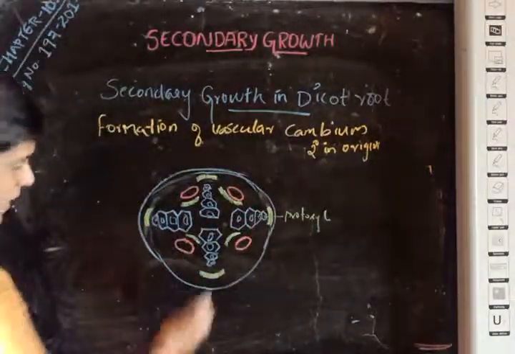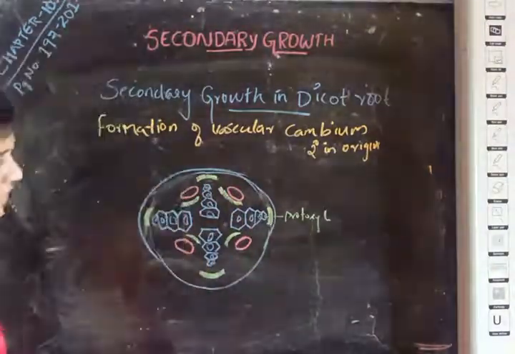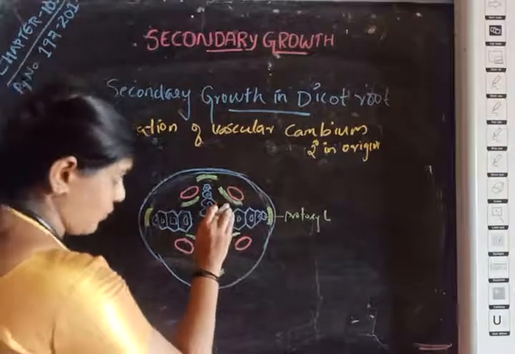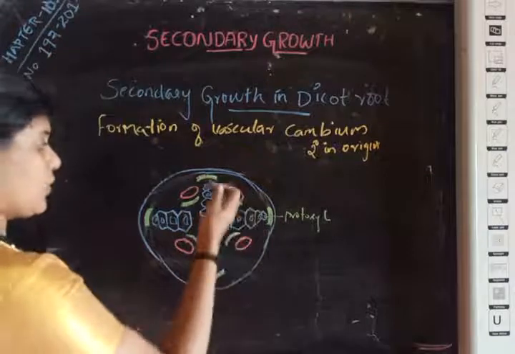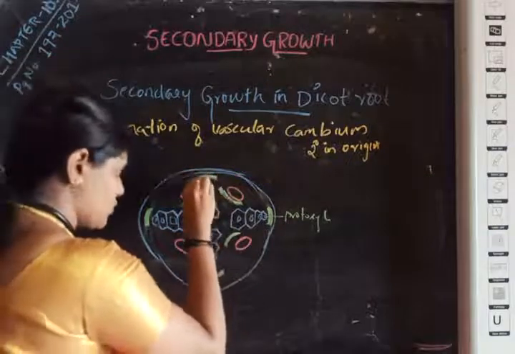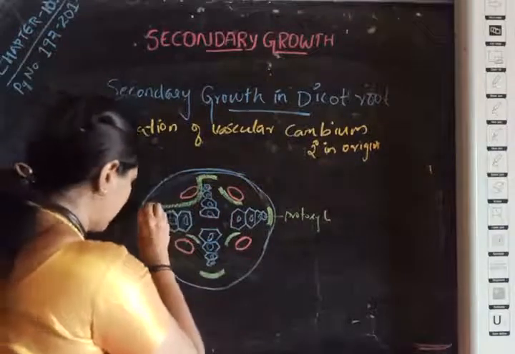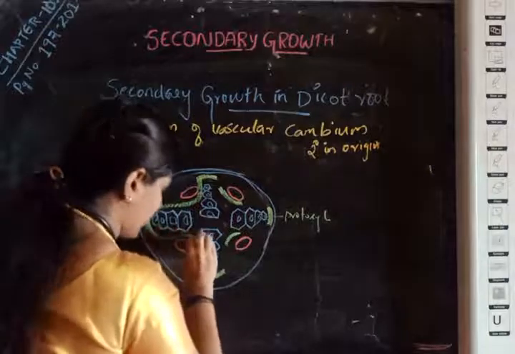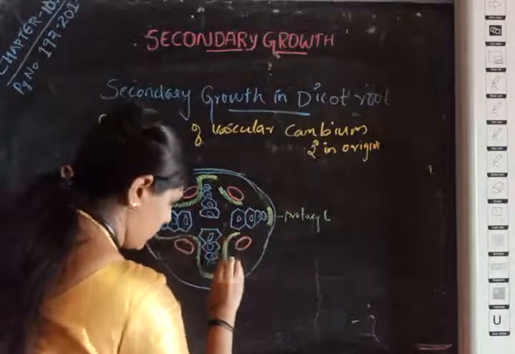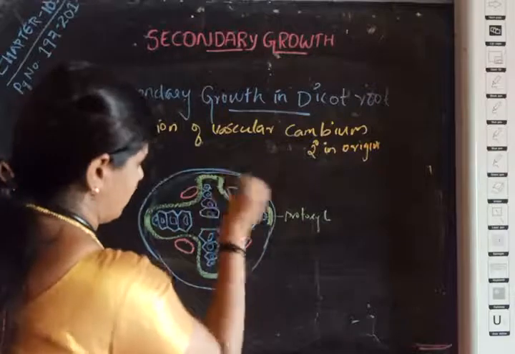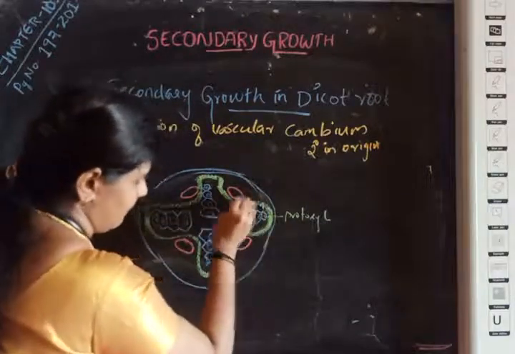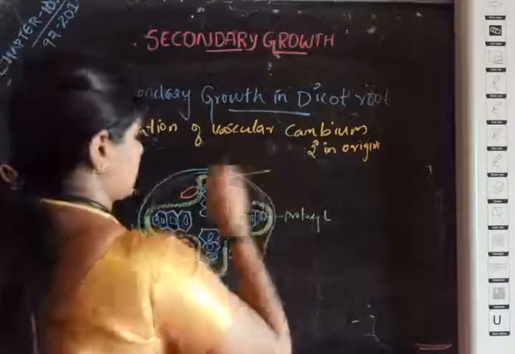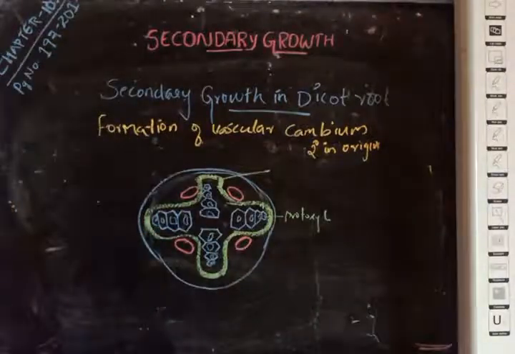Protoxylem, they combine. So the combination of the conjunctive tissues just below the phloem and the pericycle tissues just above the protoxylem, they combine to form a wavy ring. This wavy ring formation.